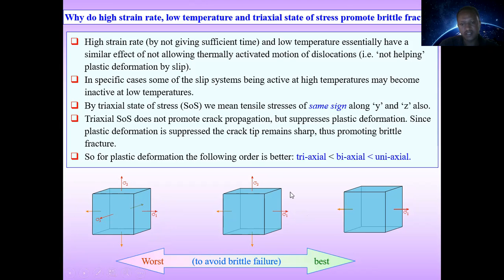For the biaxial case, sigma 1 and sigma 2. And in the uniaxial case, sigma 1 only. So the triaxial case is the worst scenario, and to avoid brittle fracture, the uniaxial test is preferable.